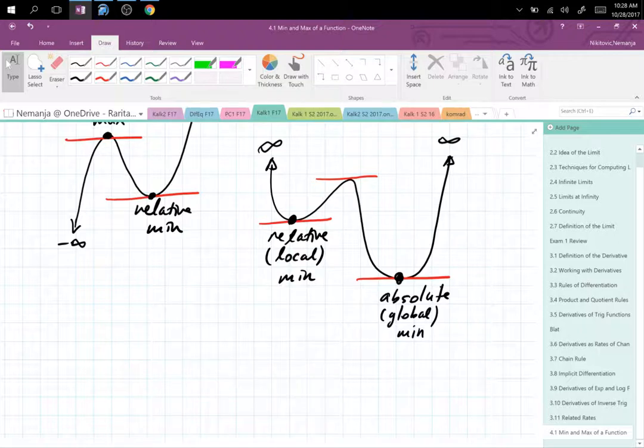So a critical point, this is the definition now.